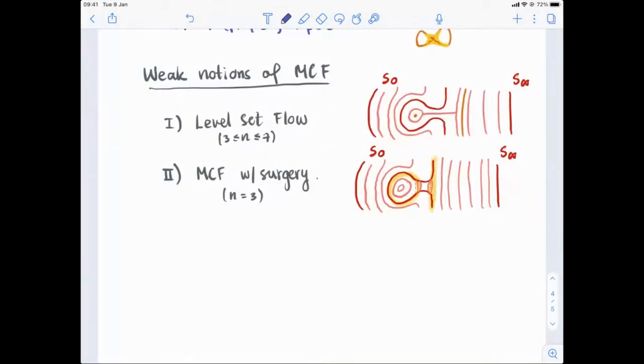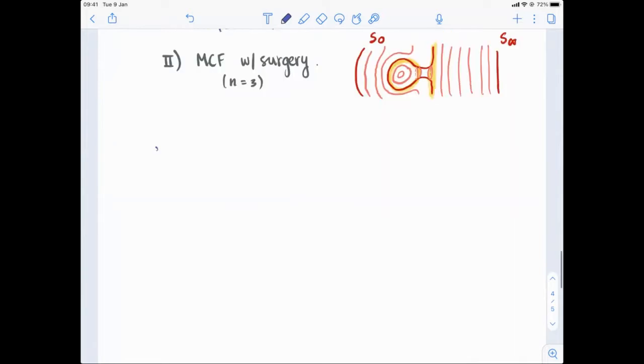Okay, so perhaps one first question. So this is for dimension between 3 and 7.